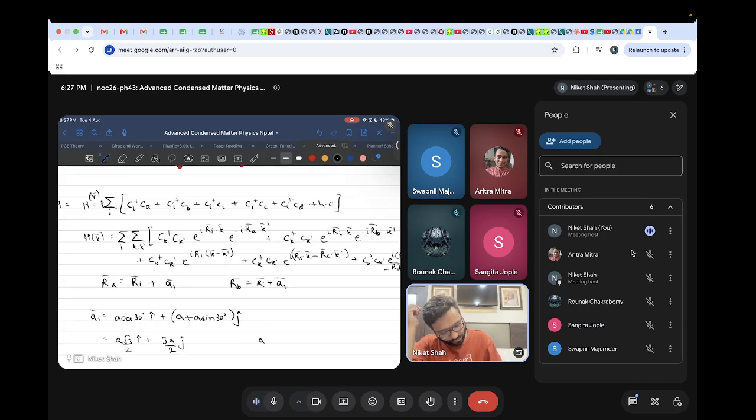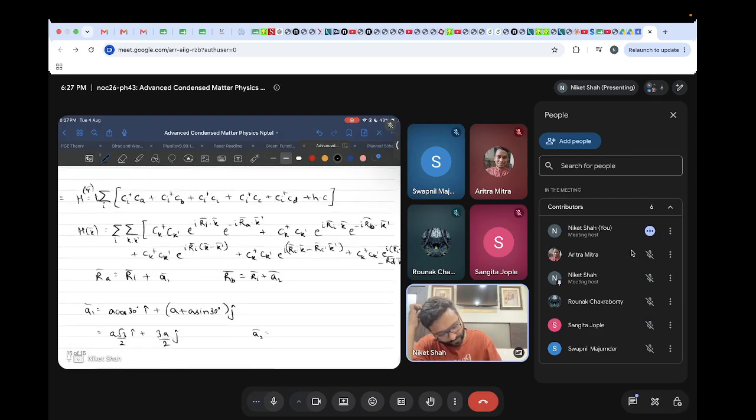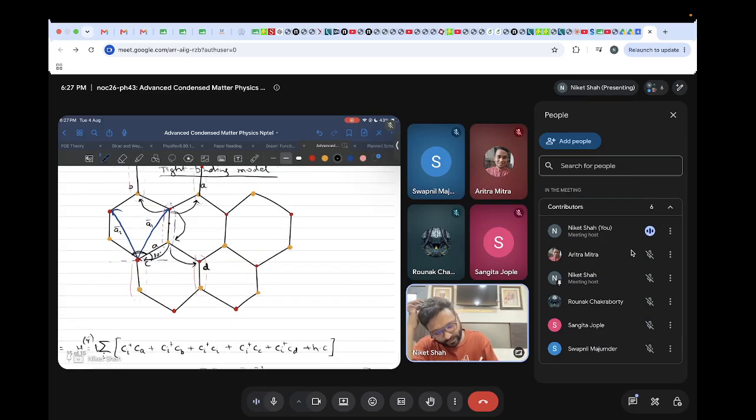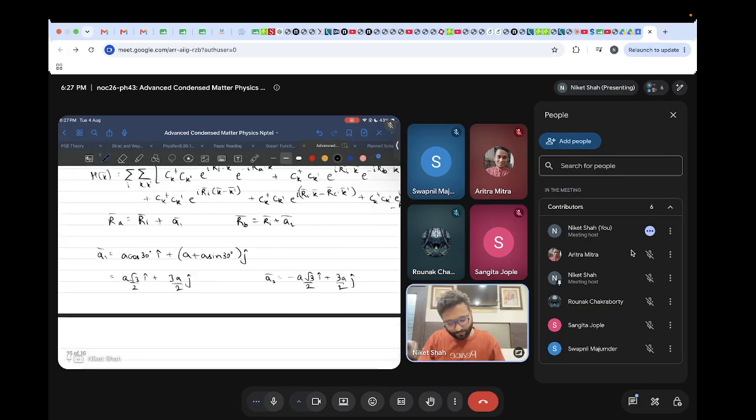And A2 will simply be minus A root 3 by 2 i cap plus 3A by 2 j cap. I can clearly see that the j cap component is the same, the i cap is only reversed. So that is going to be A2. Basically I know the forms of Ra and Rb now.